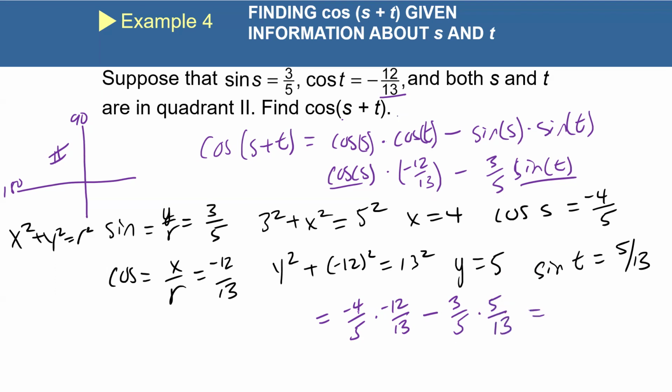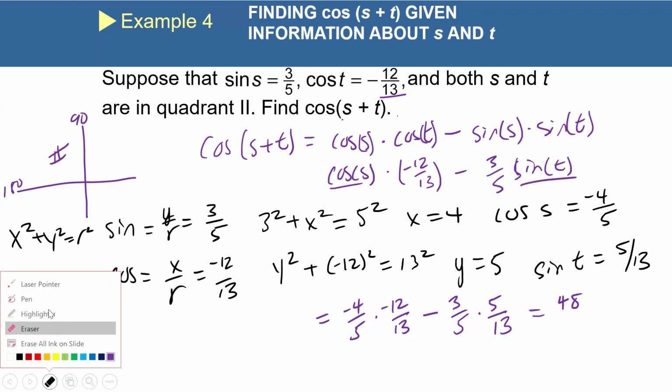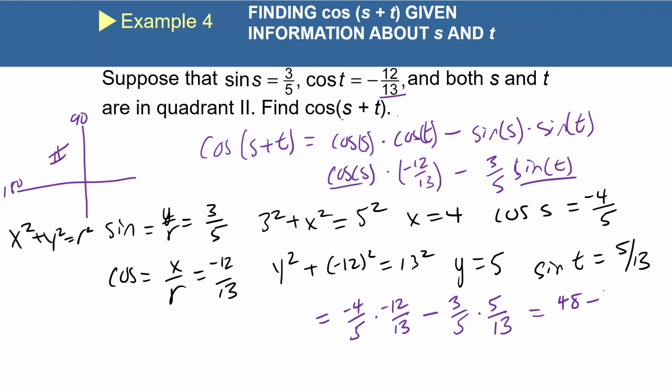And we're going to do a little bit of math. -4 times -12 is +48. And then 3 times 5 is 15, and 5 times 13 is 65. So 48 minus 15 over 65 equals what? 33. So we get 33 over 65 is our final answer.